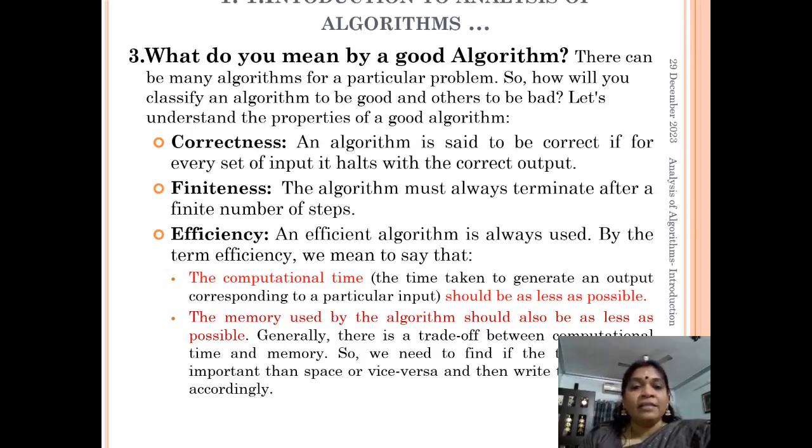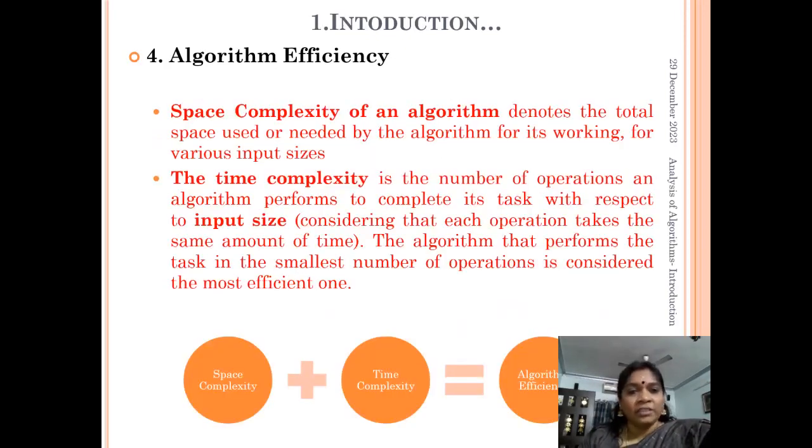The last terminology is algorithm efficiency. Already I told you that there are two parameters here: one is space complexity, another one is time complexity. Space complexity of an algorithm denotes the total space used by the algorithm for its working for various input sizes.